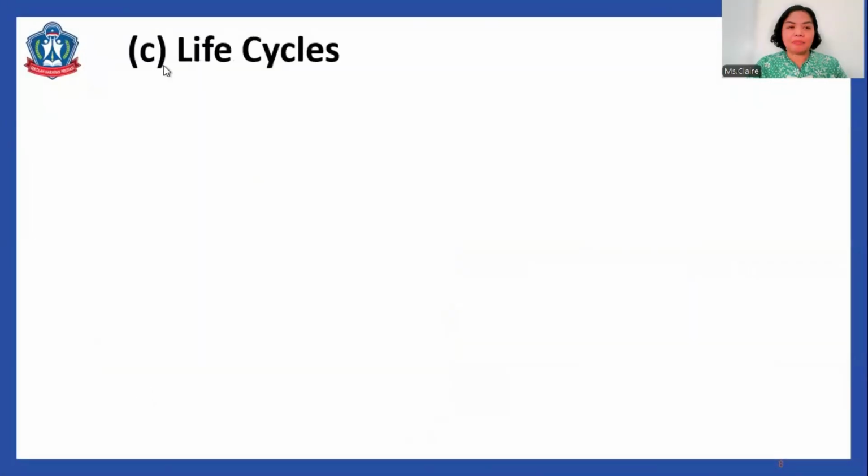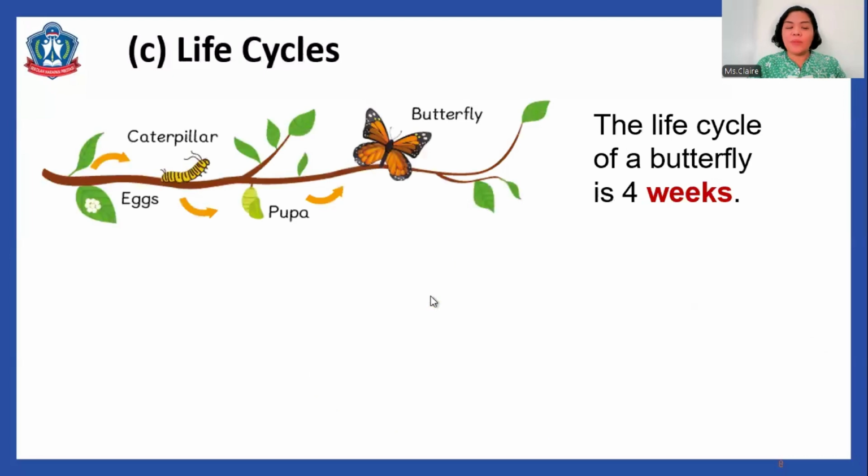Okay. Next, let's have life cycles. Are you familiar with the life cycle of a butterfly? Yes, the life cycle of a butterfly takes 4 weeks, starting from eggs. Then it will hatch. It will become a caterpillar. Then it will become a pupa.